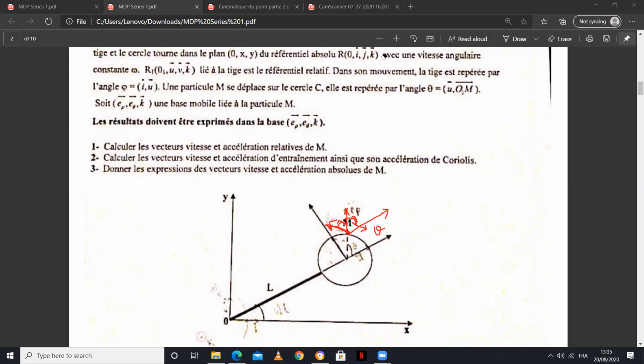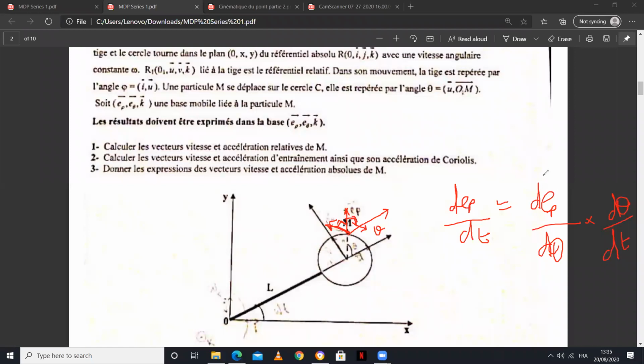this formula here, d e rho dt being equal to de rho de theta times d theta dt.